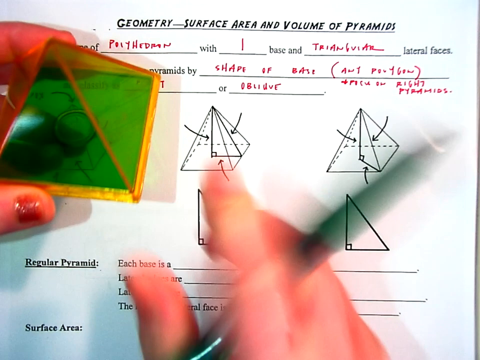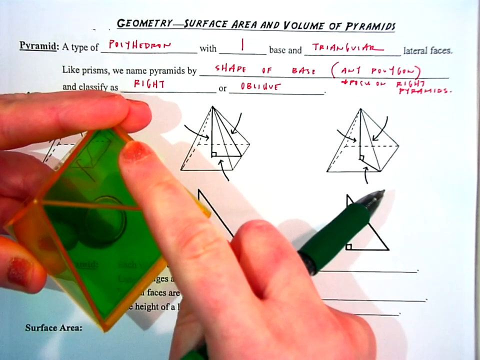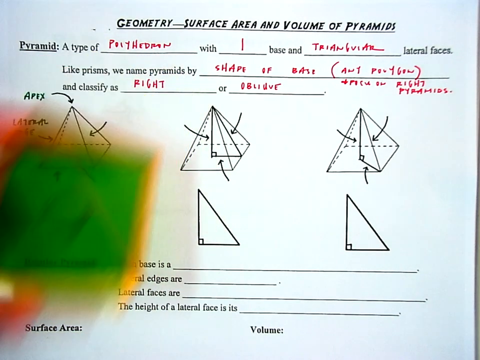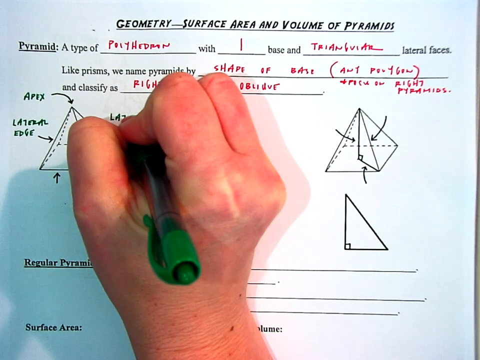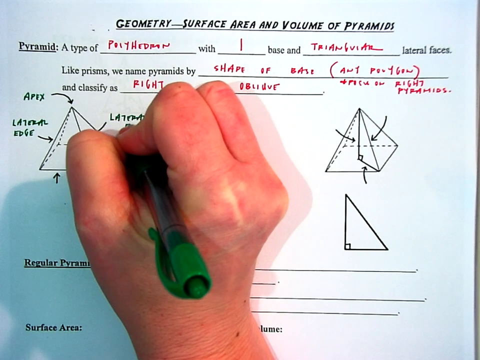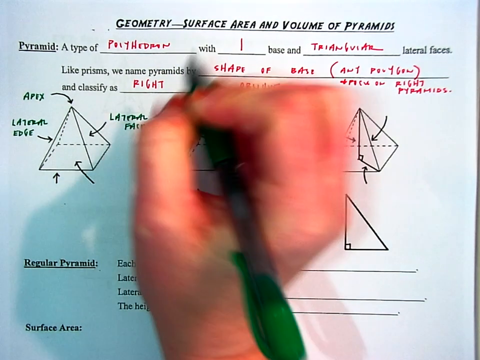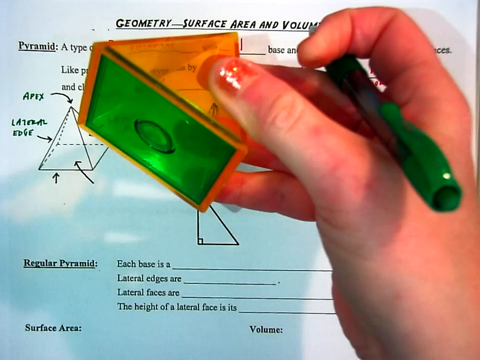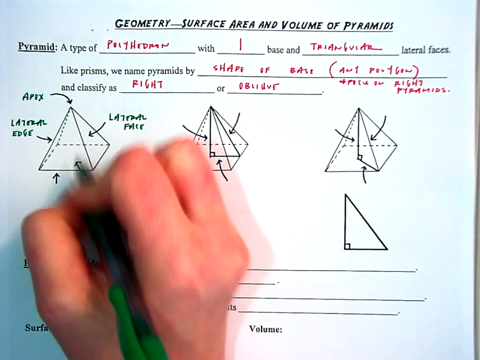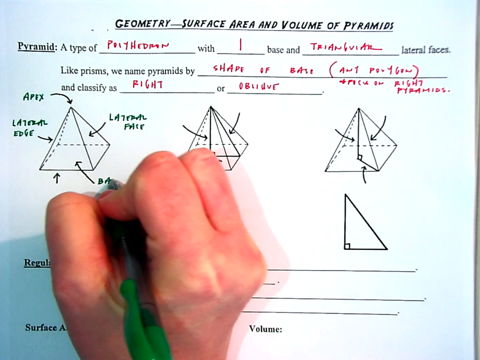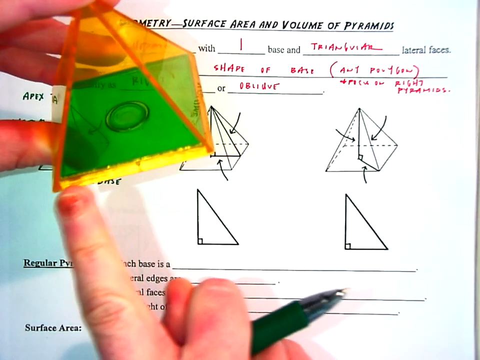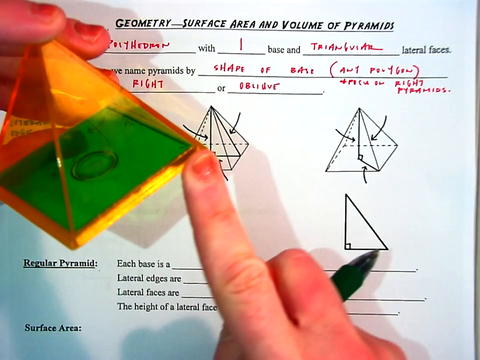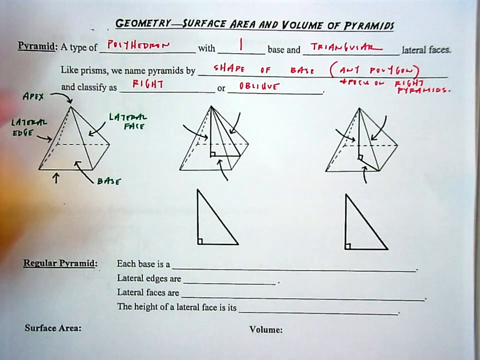Each of these triangles, these side faces, each of those is a lateral face. That square bottom, that is our base. And right here, this would be an edge of my base. All of these would be base edges.